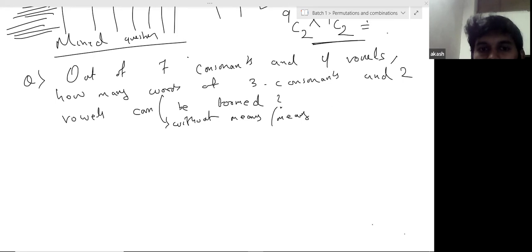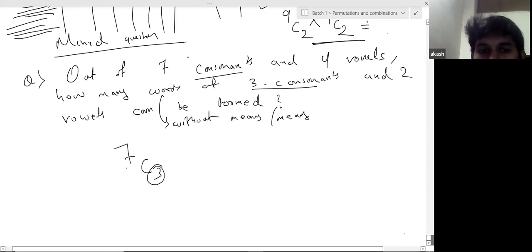Yeah, see, we need 3 consonants. All right, we'll be using C. 7 consonants we need 3. So 7C3, selecting 3 consonants out of 7, and vowels we need 2 out of 4.